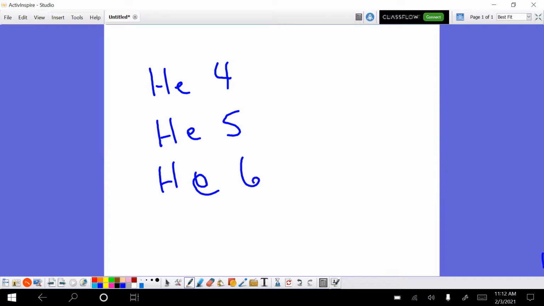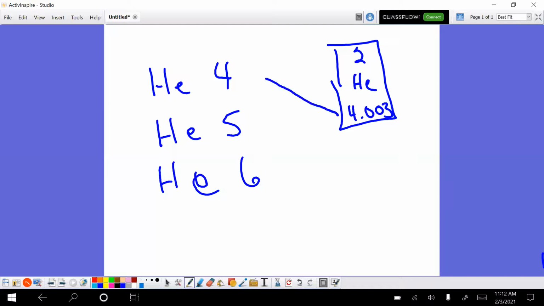When we look at the periodic table, it looks like this. It says 4.003, and then this is a 2 right here. Does that make sense now? If this number equals that number, it is not an isotope. So helium-4 is not an isotope.